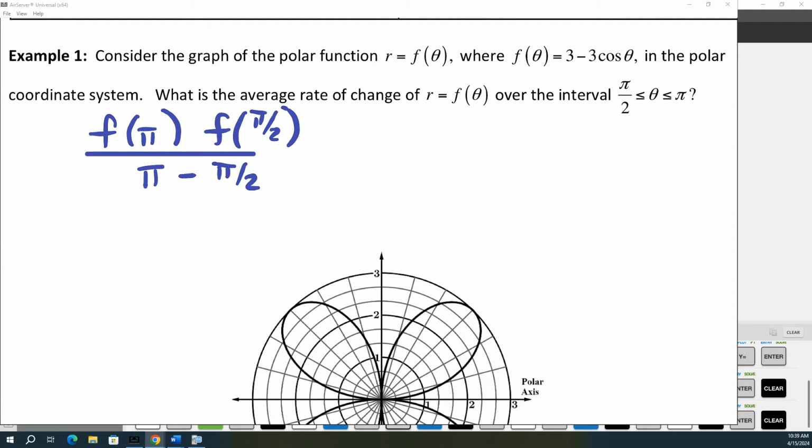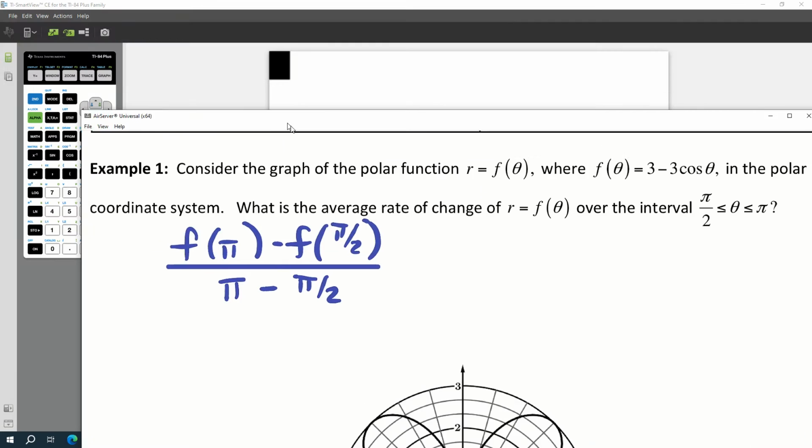It's kind of messy. And I cannot promise you that the average rate of change questions on the AP test are going to be on the calculator version. I just don't know. We are going to practice it like they are. I know you can plug these values in. We've plugged them in so much. I know you can do it. So we're going to do it in the calculator today.